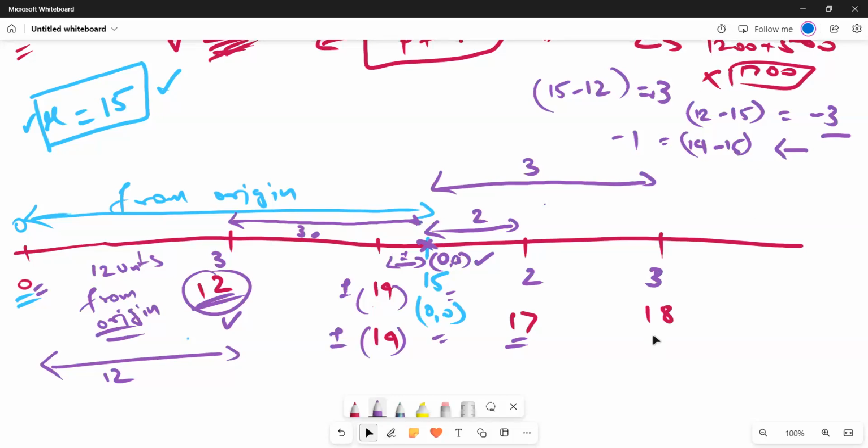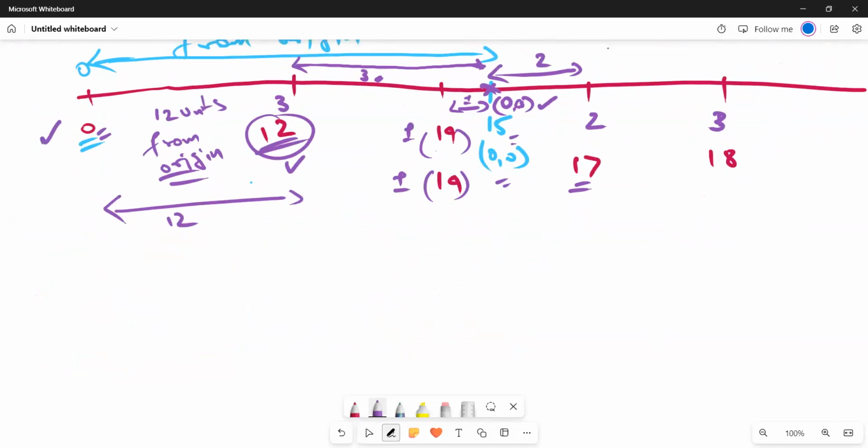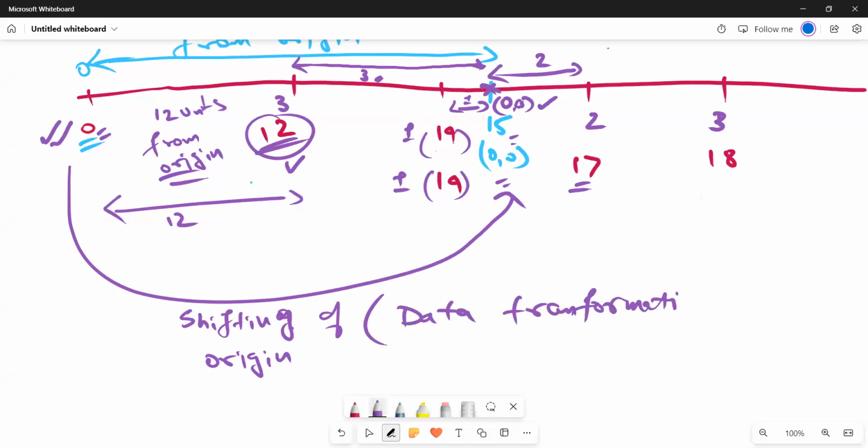So this is exactly what we are going to do on every data set that we are dealing with. We'll shift our data's reference point to the mean of the data, not here, but to here at 15, right? This is basically shifting of origin. In technical terms, this is called data transformation, right?